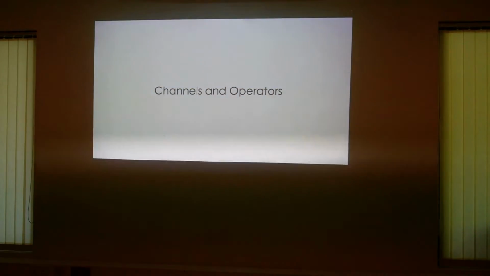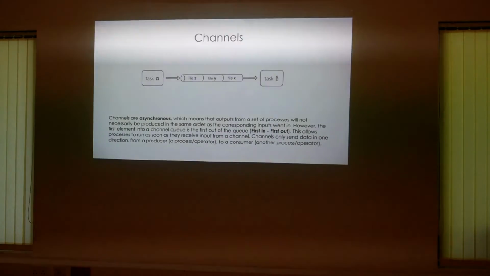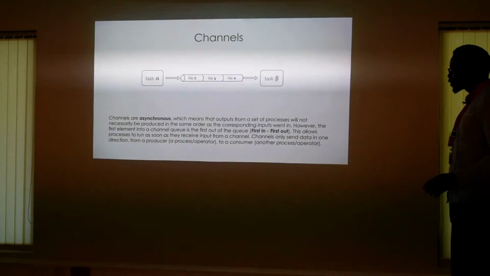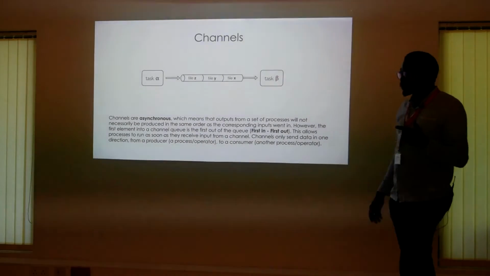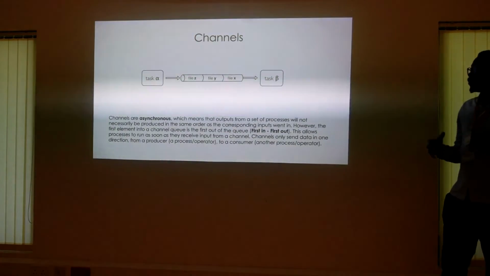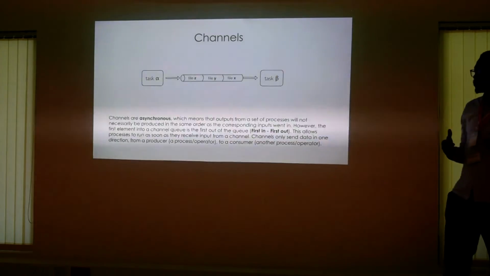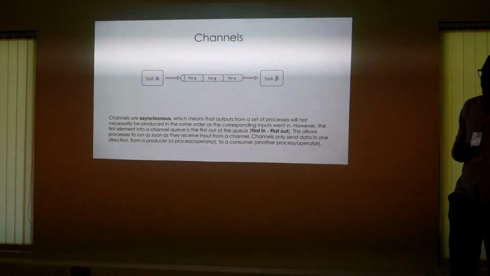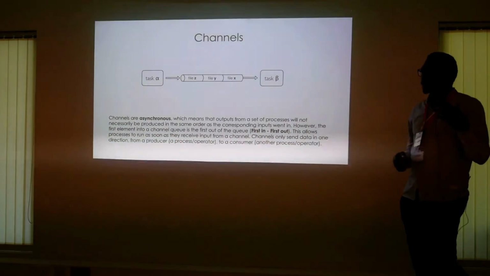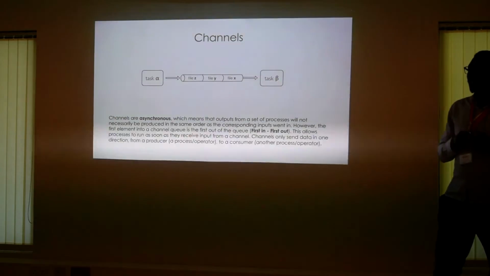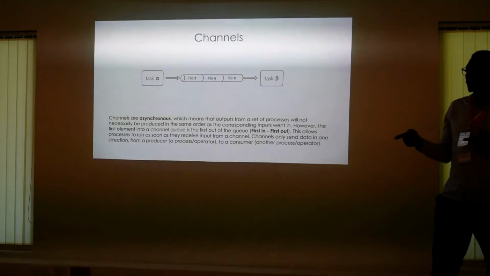So briefly, I want to touch on channels and operators. Channels are asynchronous, which means that the output from a set of processes will not necessarily be produced in the same order as the corresponding inputs went in. So you can have FASTQ file 1, 2, 3, but the order in which the channels are emitted is different from how you give it in.